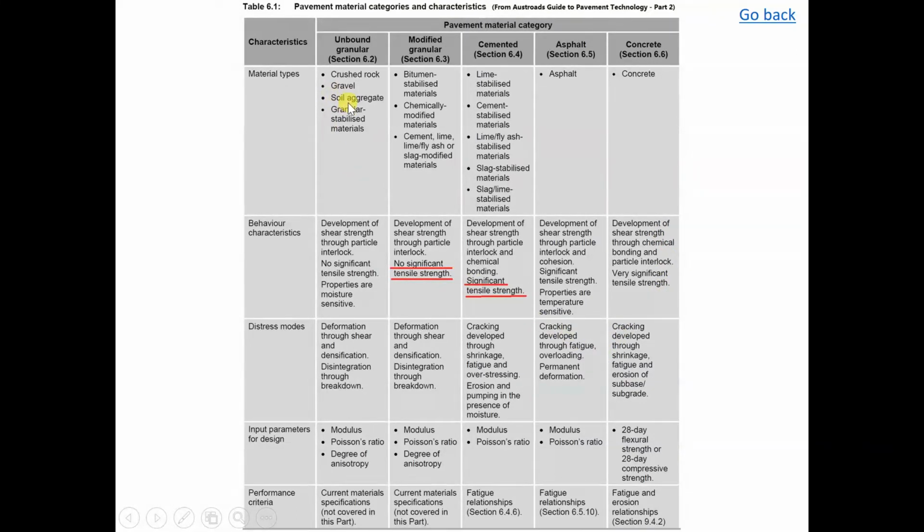So you look at the material types. Modified is the bitumen stabilized. The unbound granular could be granular stabilized material.